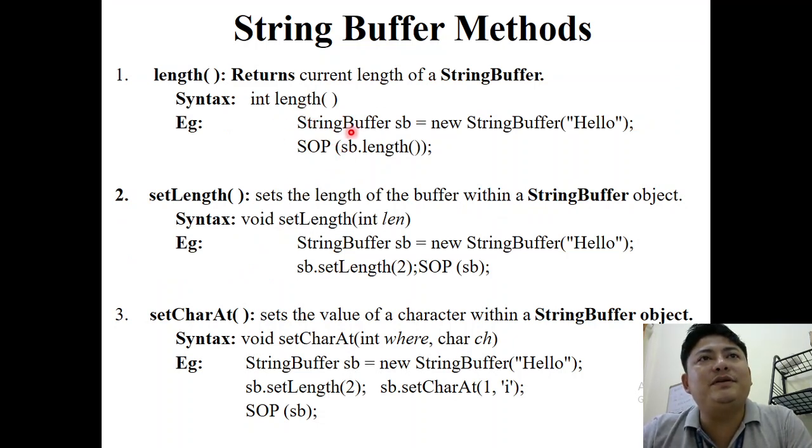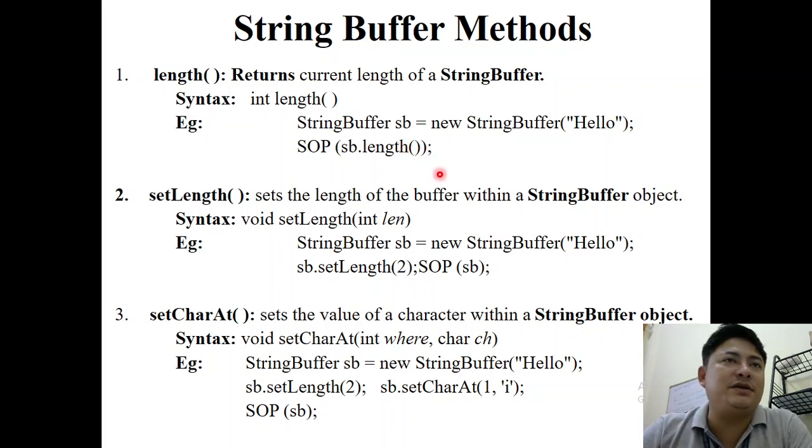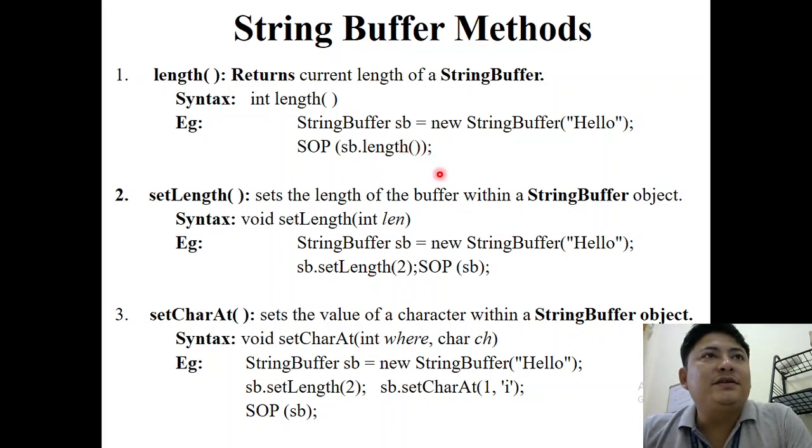In this example, you can see there is an object SB that I have created using the string buffer, specifying the string hello. So SB contains hello. Now if I want to know the length of this string, you can invoke the object dot length method. Since length is the name of a method, parentheses should be there.